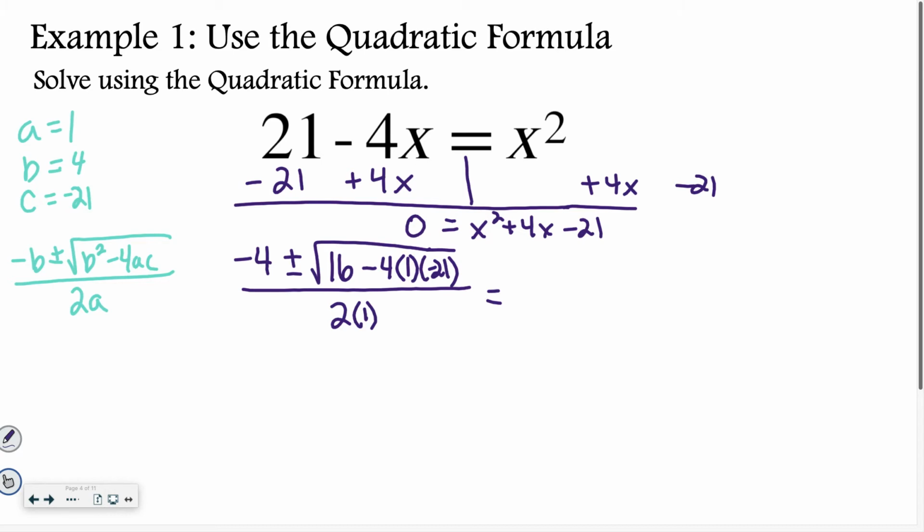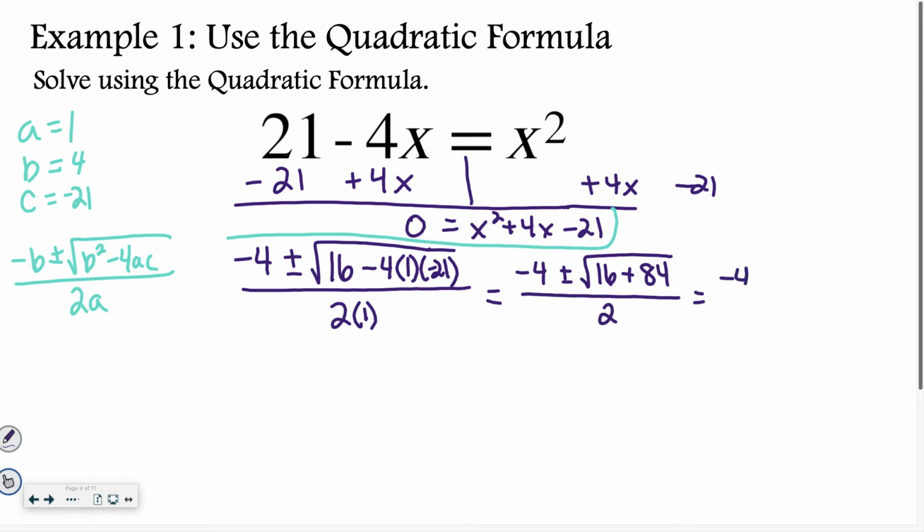I realized this is starting to blend together. Sorry about that. All right, so I have negative 4 plus or minus the square root of 16 minus, and then 4 times 1 times negative 21 is 84, or negative 84, so minus a negative 84 becomes plus, all over 2 times 1 is 2.